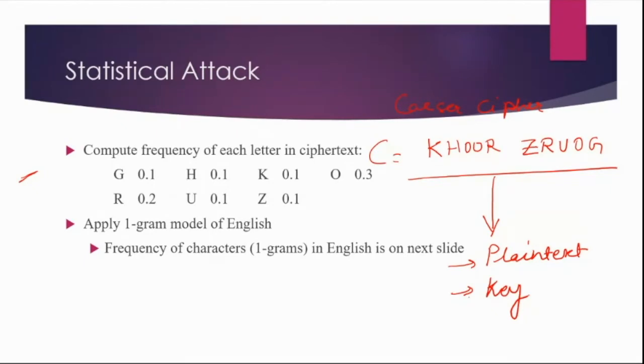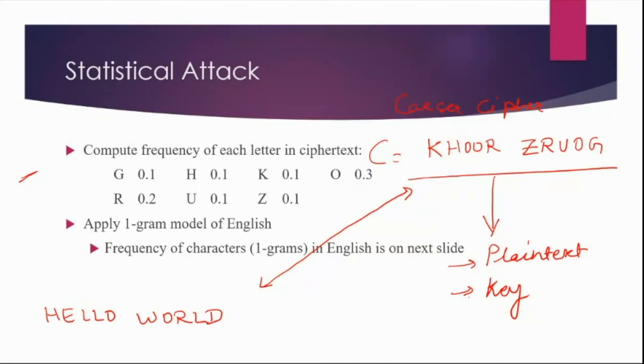Now you have to observe one very beautiful thing in Caesar cipher. Let me write the plain text. This is the plain text, hello world, and this is the corresponding ciphertext.